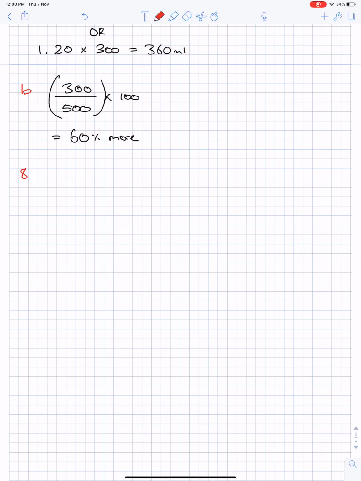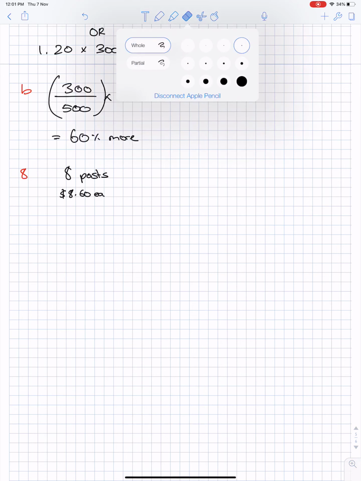Question 8. Blake was making a fence using palings. He used 8 posts, and each post cost $8.60. Let me just read this properly.